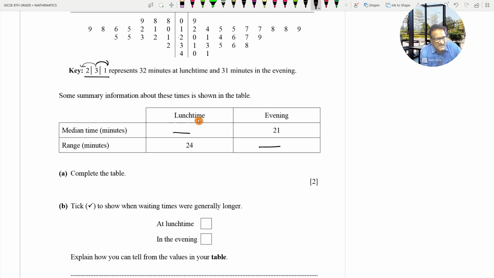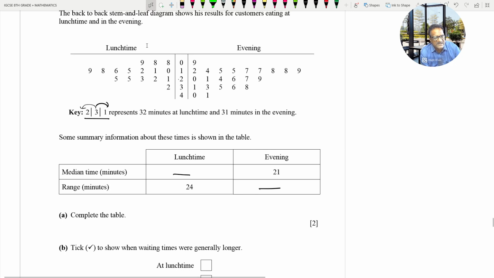So first is how to find out the median time for the lunch time. Now for the lunch time, you can see these are the readings. 08, so I'll write it separately over here. 08, then again 08. Okay, 8 minutes, 8 minutes, then 09.